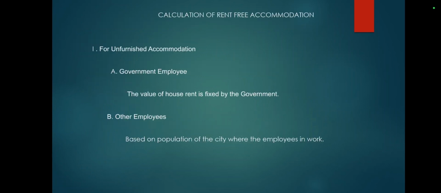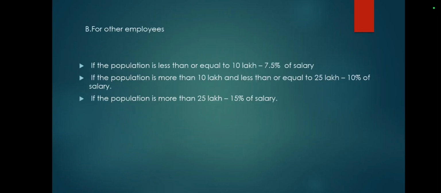So, the calculation of rent-free accommodation. First, unfurnished accommodation. In unfurnished accommodation there are two categories: government employees and other employees. For government employees, the house rent is fixed by the government. For other employees, it is fixed on the basis of the population of the city where the employee is working.